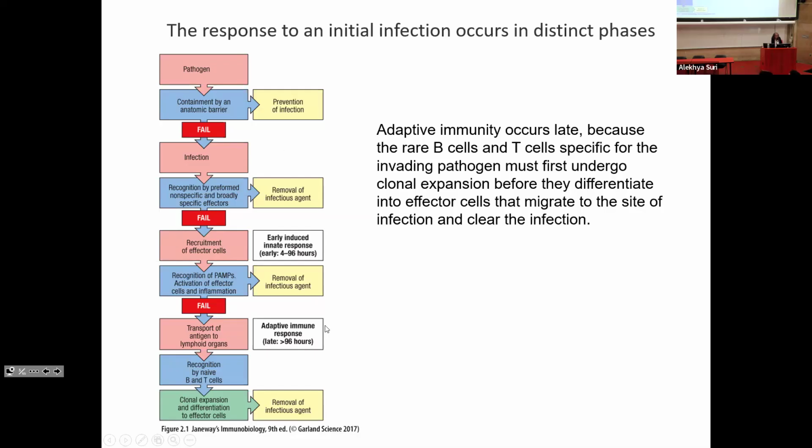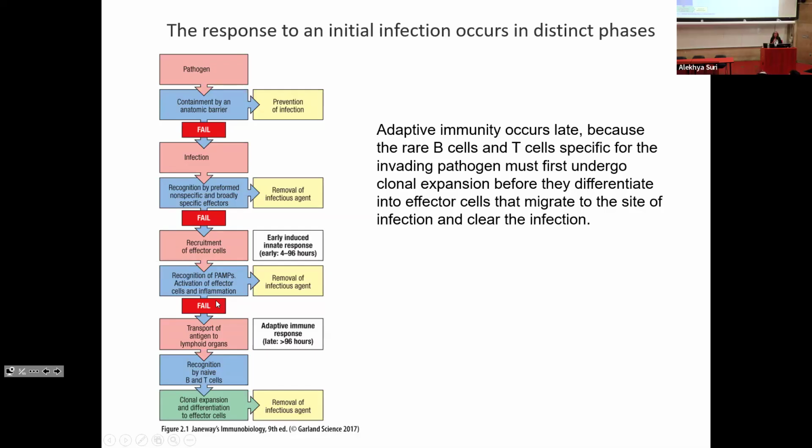This early innate response helps to a great extent to remove the infectious agent. It involves activation of pattern recognition molecules on these pathogens, activation of effector molecules, and initiation of an inflammatory response in the host. Very often this is sufficient to get rid of the pathogen. Up to here, this is called the early innate response, or the innate response.